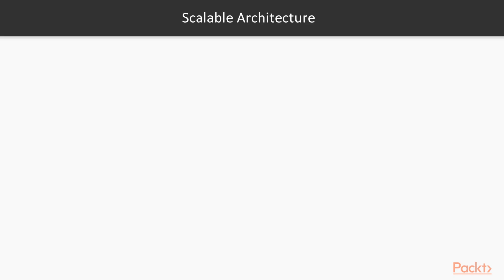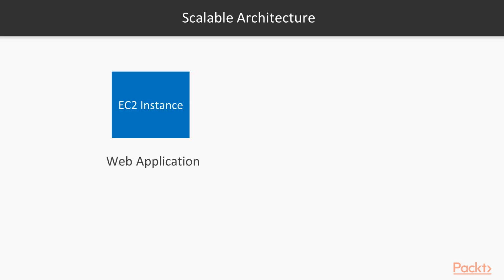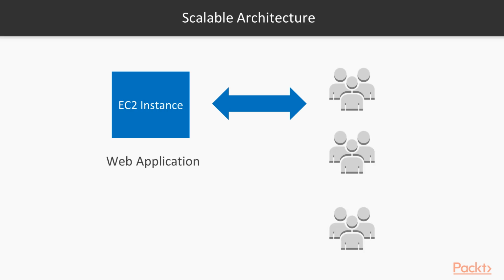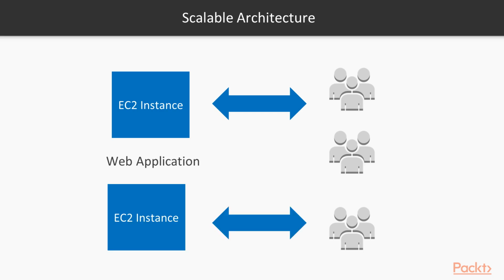So what do I mean by a scalable architecture? So let's look back at previous diagram. So we had our EC2 instance hosting web application. Now if you add an increased number of users, instead of directing all of the users onto that single EC2 instance, what you can do is that you can spin up another EC2 instance which is also hosting your web application and then distribute traffic to these underlying EC2 instances.